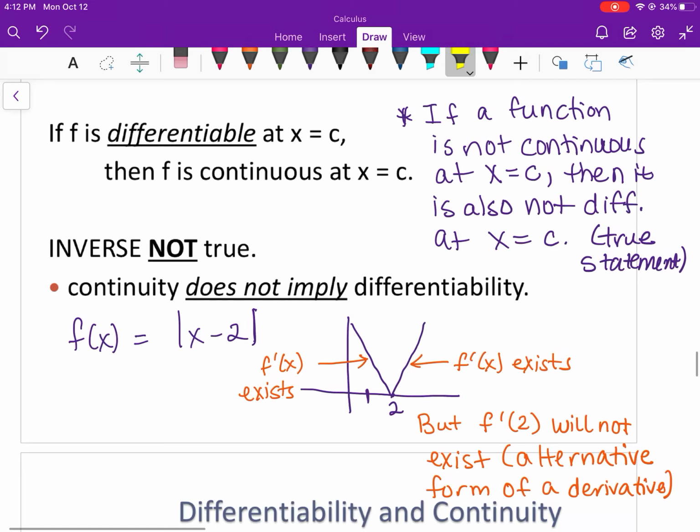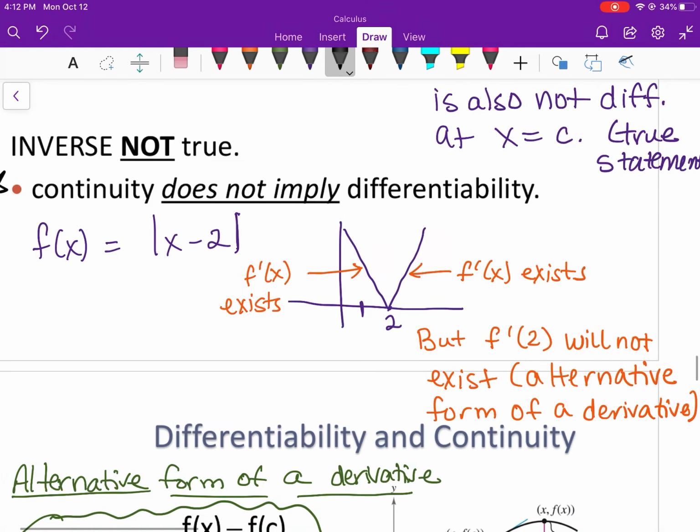However, the inverse of the above statement is not true. Continuity does not imply differentiability, so pay attention here. Just because you have a function that is continuous doesn't mean you can differentiate all the way through the curve. For example, here's the absolute value of x minus 2. I can find the derivative on the left side, it's negative 1, and on the right side, it's 1.